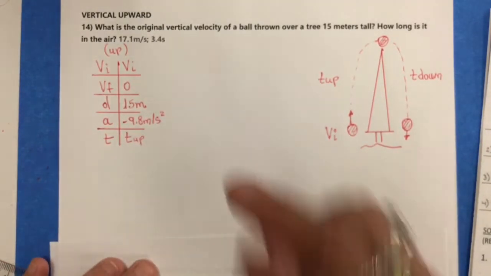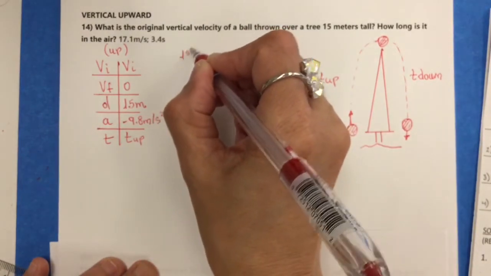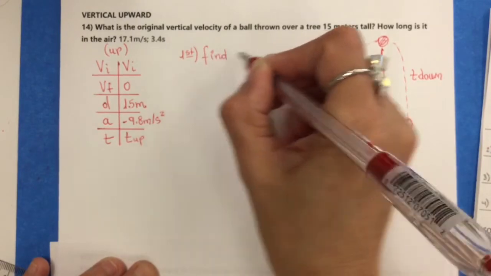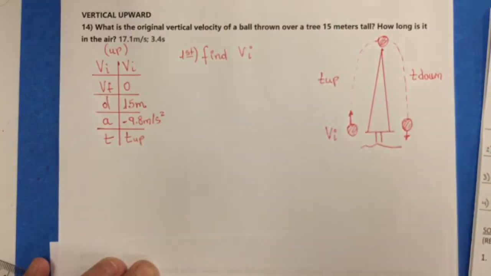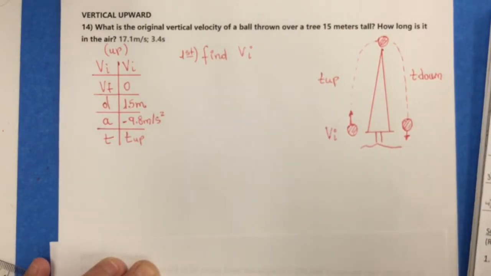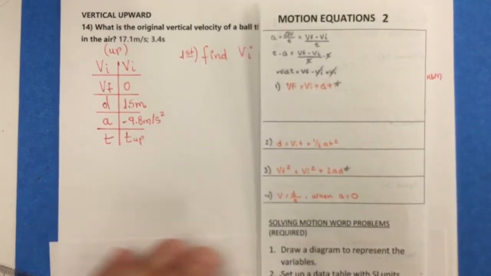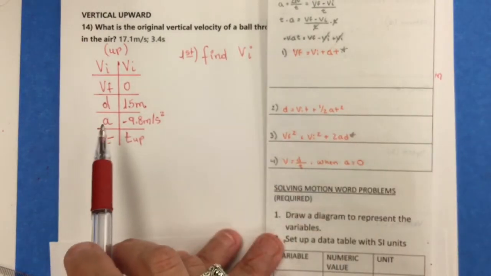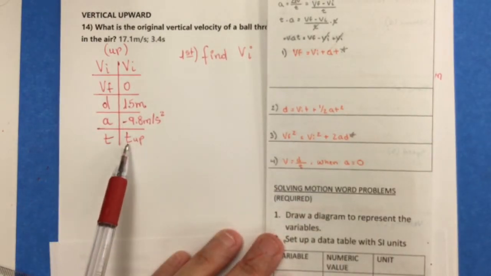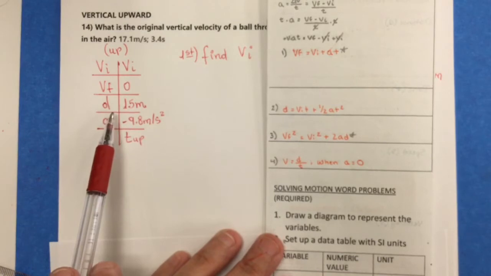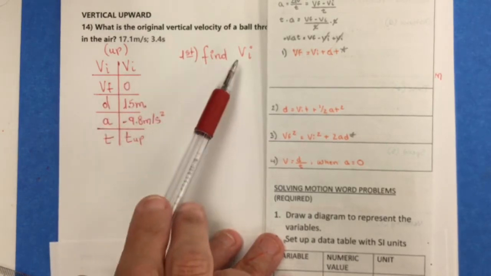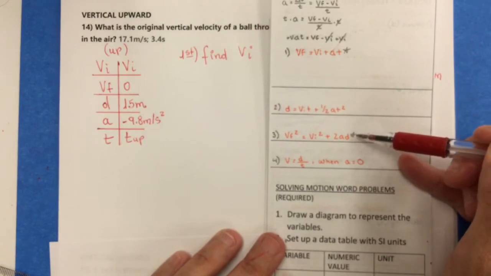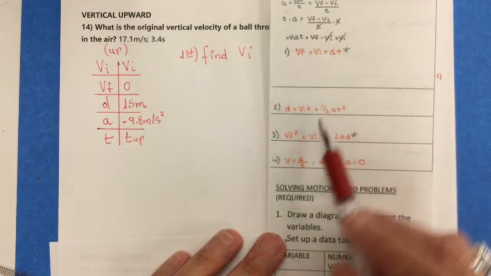Okay, so let's first find VI. We are going to look at our equations, and the selection that you are going to make will be based on the information that we have. We don't have time, but we have a distance, and we are looking for VI. So equation number 3 will be perfect to find VI.